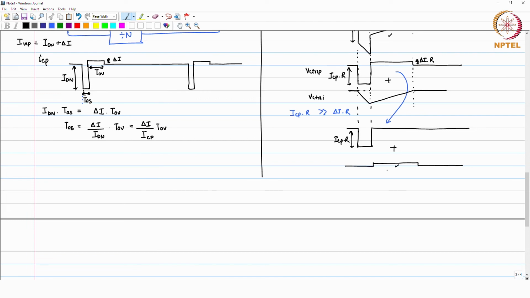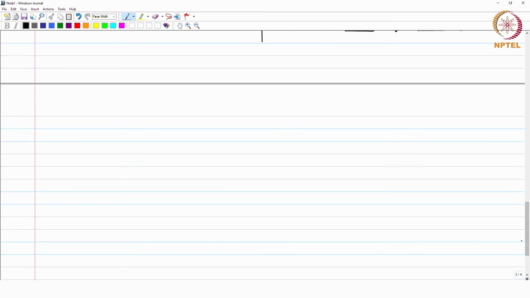So, we can analyze the one which is dominant, and the one which is dominant is ICP times R. So, let me just redraw the V control voltage, V control P for example, and what you have here is like this. This is repeated at every frequency in this manner.